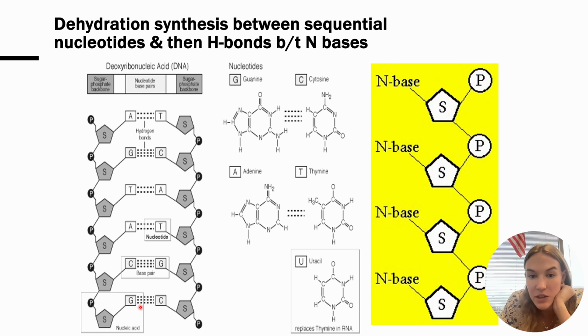Well, if they're significantly weaker, that means it's a whole lot easier for me to unzip the DNA during times where we have to unzip it. For example, replication, transcription, all of these terms that you've learned before, now we're putting it into a chemistry context, which I think is really cool, right? But one more piece to this is that we need to start thinking about how many hydrogen bonds.